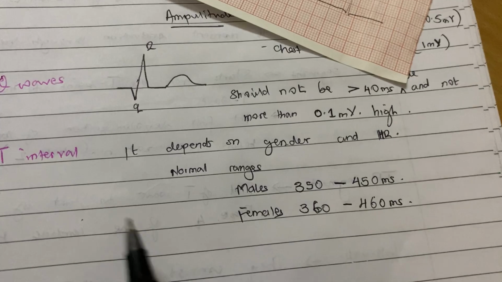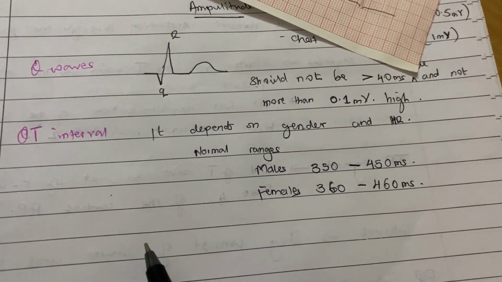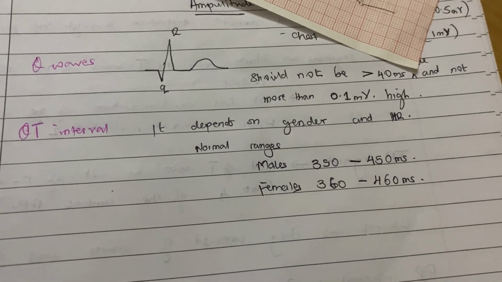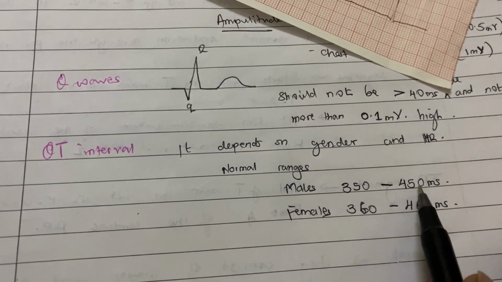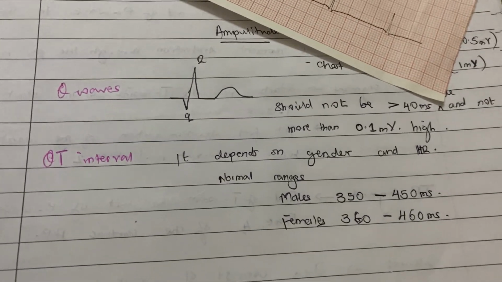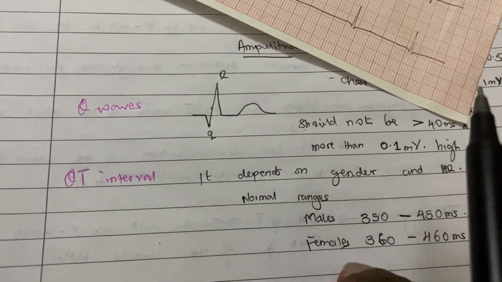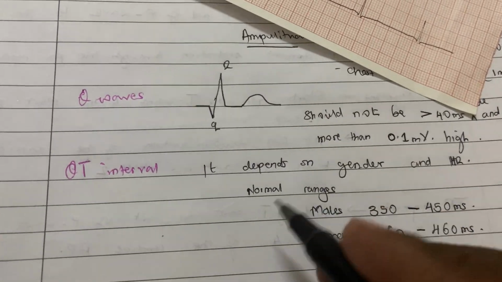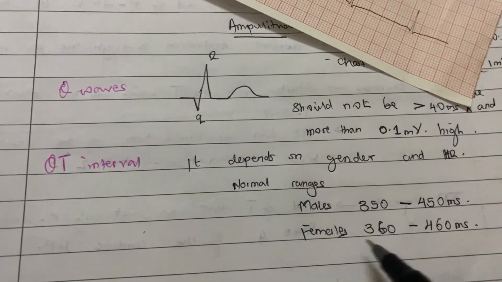A short QT interval, less than 350 or 360, is a problem. Even longer than 450 or 470 is a problem. We don't want that. So this is by gender, where male or female has been factored in.